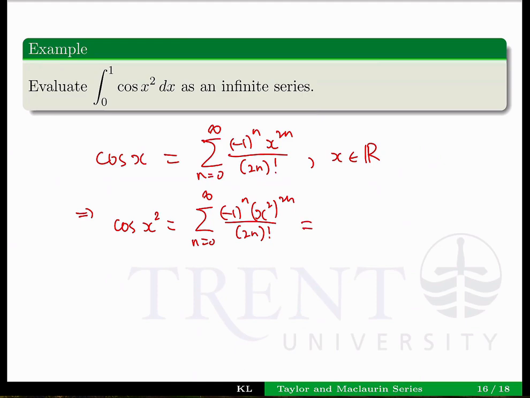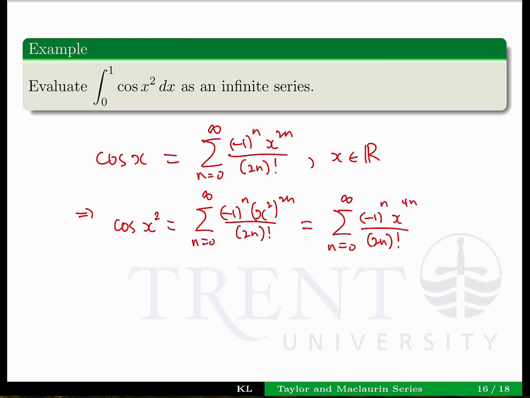But this one becomes the sum, from 0 to plus infinity, negative 1 to the n, x to the 4n over 2n factorial.